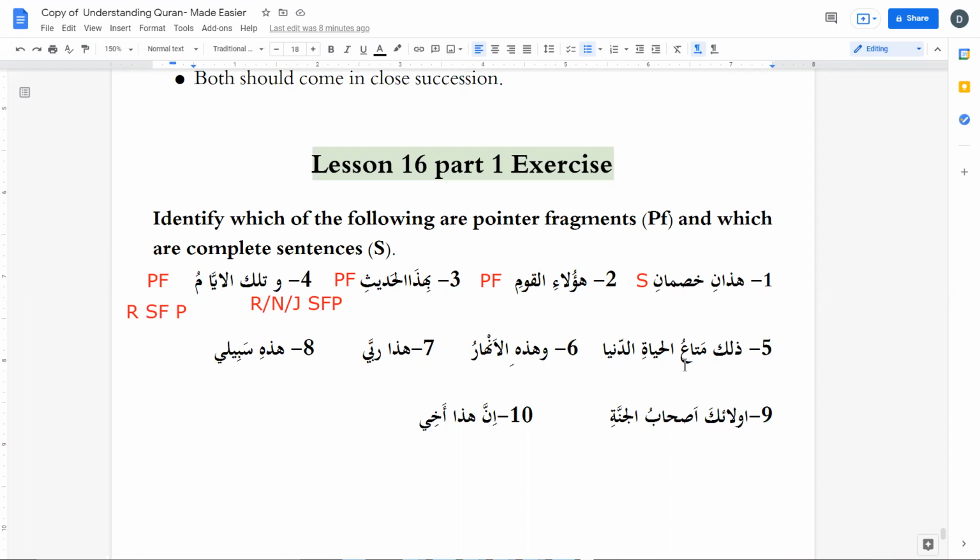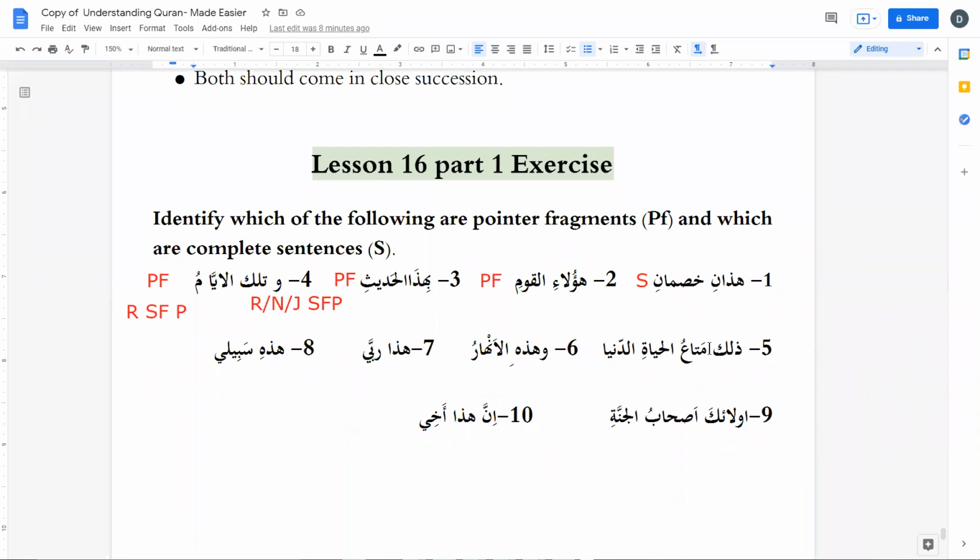So tell me, do you see a pointer fragment here? The pointer should be with dhalika, right? Dhalika is ism ishara in this combination of words. So tell me, is it? No, you don't see. Why? Because dhalika is not being followed by an ism with "al".